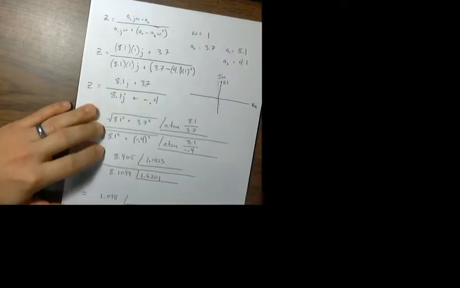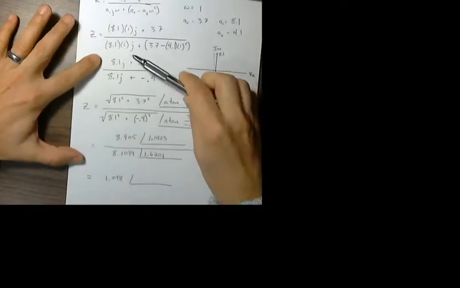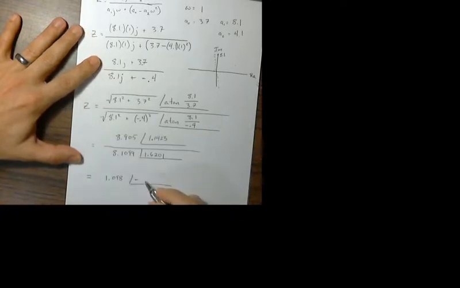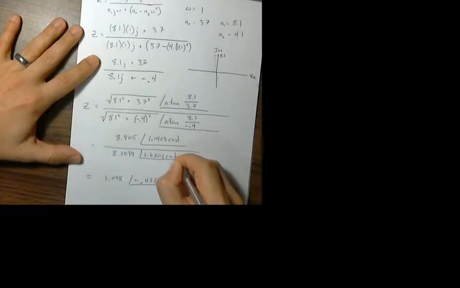With an angle of, now we just need to take this and subtract this, right? So that's 1.1423 minus 1.6201. And the answer is negative. So the output is going to lag by about 0.4778. That's radians. Let me just be really clear that I'm working in radians.